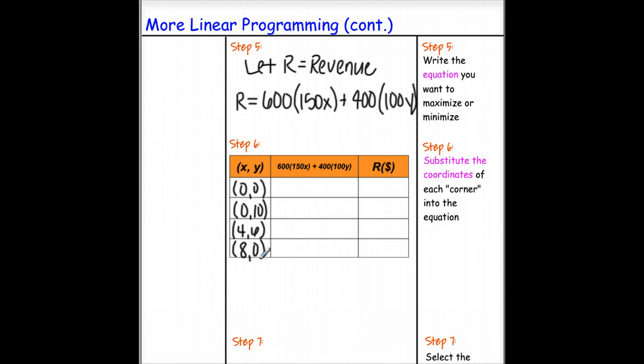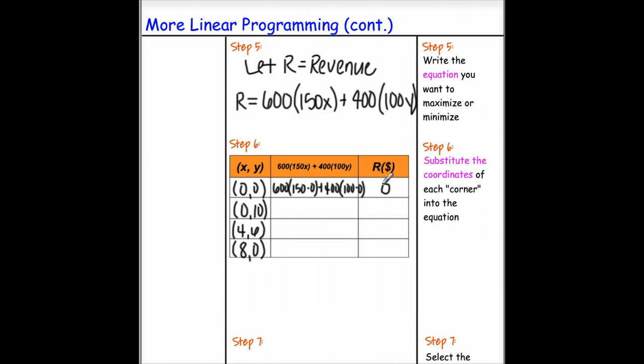So substituting those in, we get, for the first one, 600 times 150 times 0 plus 400 times 100 times 0, which clearly is 0 plus 0, so a revenue of $0.